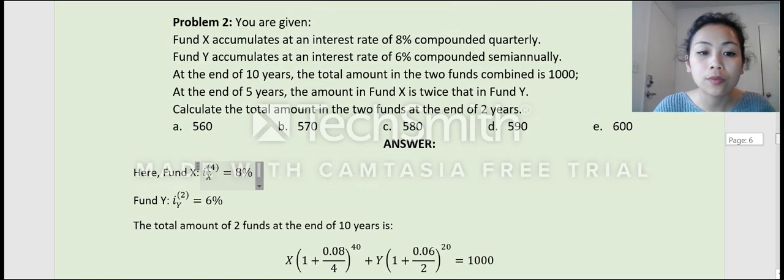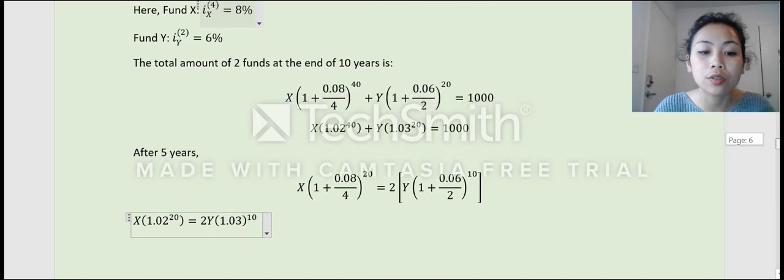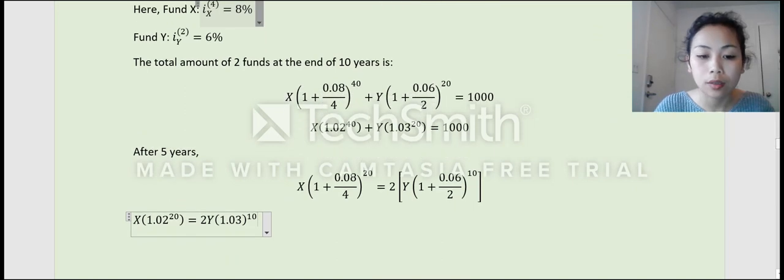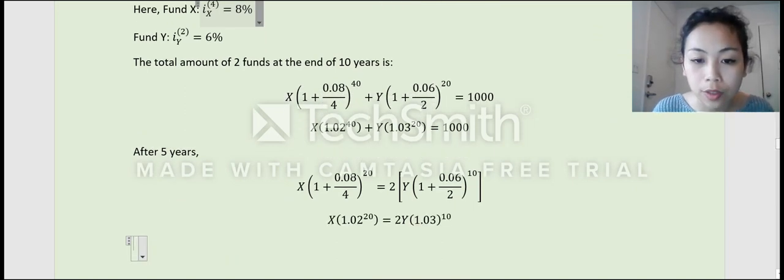And the question asks for the total amount in the two funds at the end of 2 years. Okay, so this is the second formula. So our job is to find X and Y first, to find the total amount of the funds after 2 years.